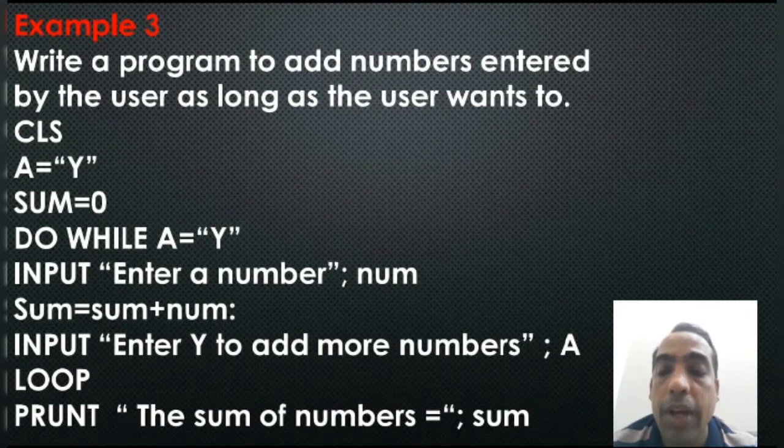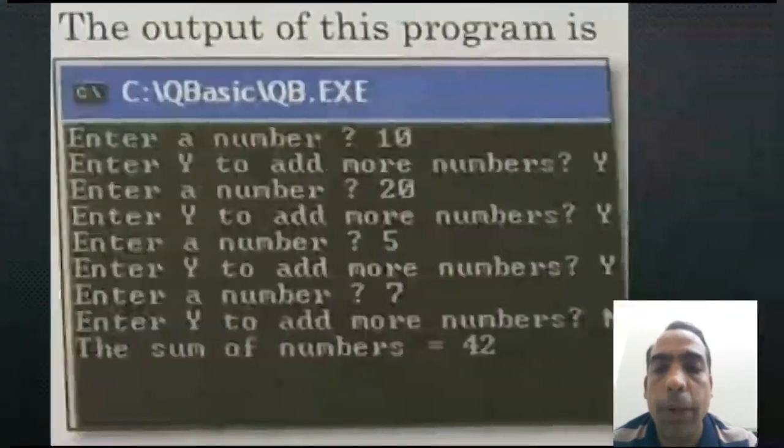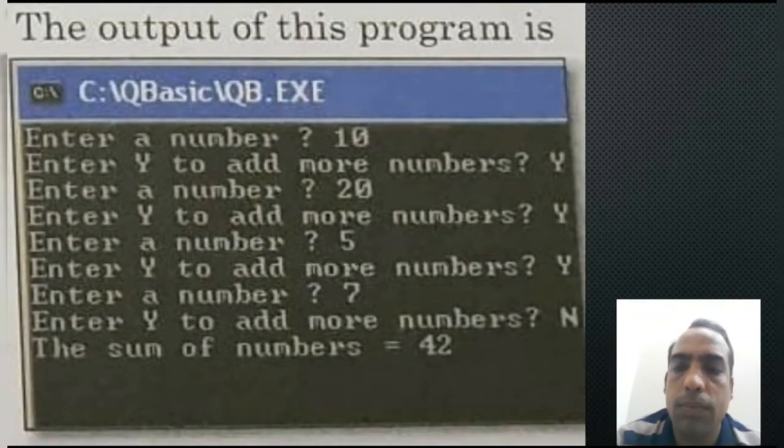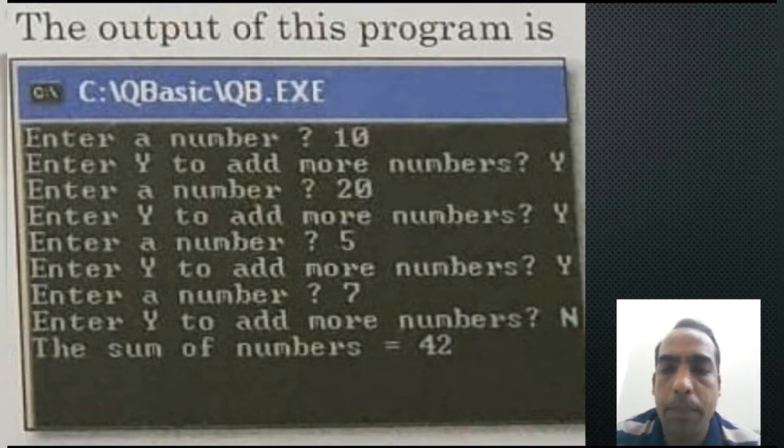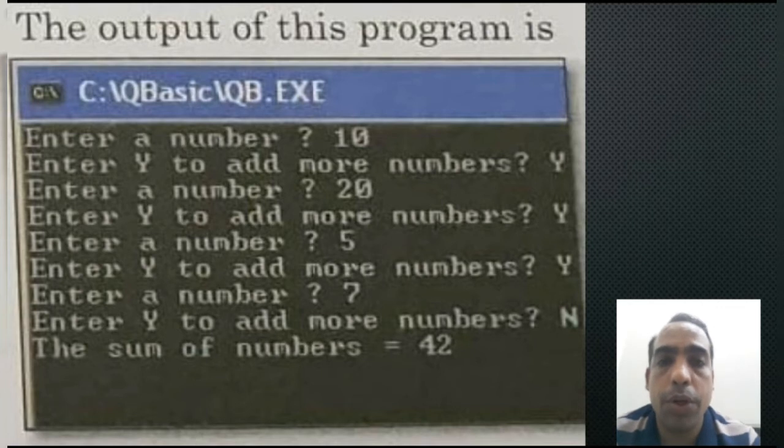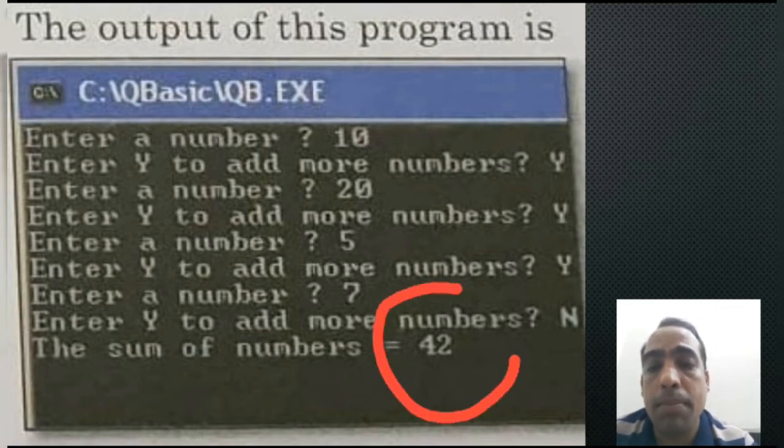At the end we have to write loop statement and print the sum of numbers is equals to sum. Now you can see the output of this program. You can see 3 times we have entered the value of a as y and numbers are 10, 20, 5 and 7. The addition of these numbers is 42.